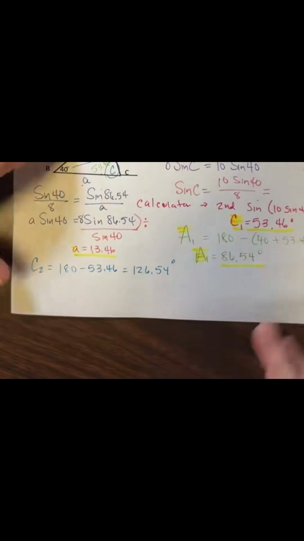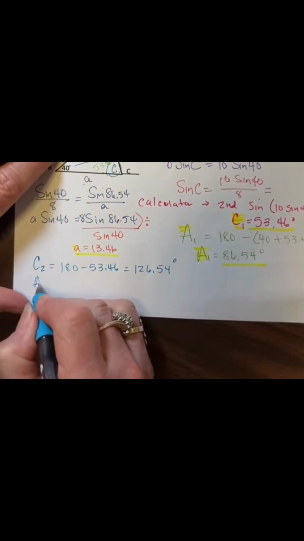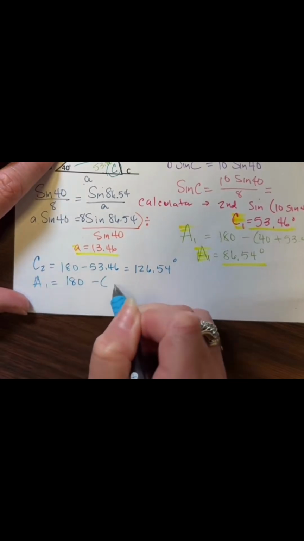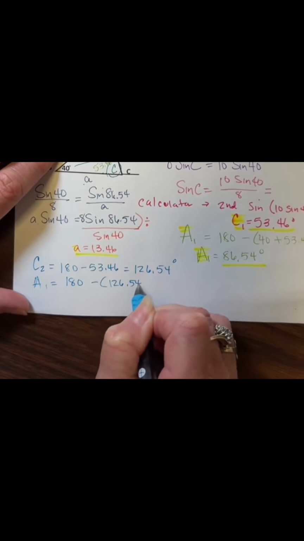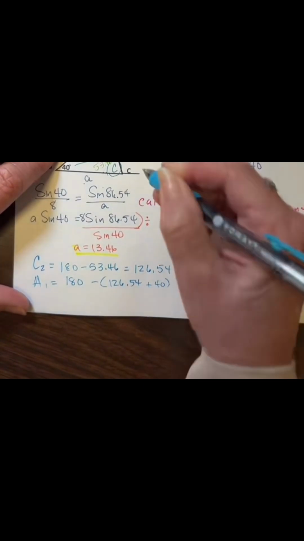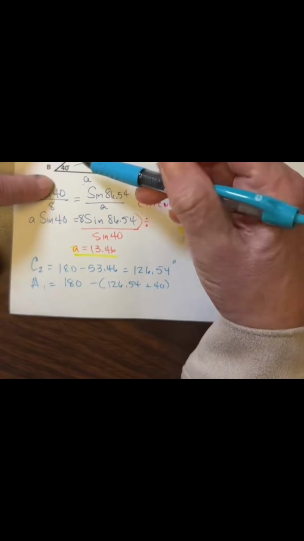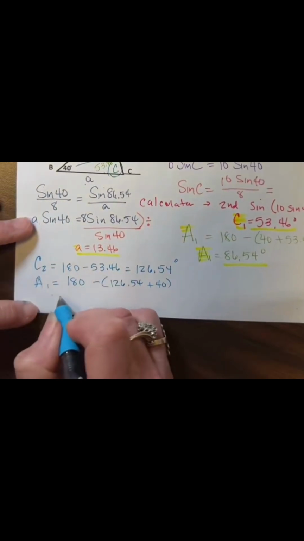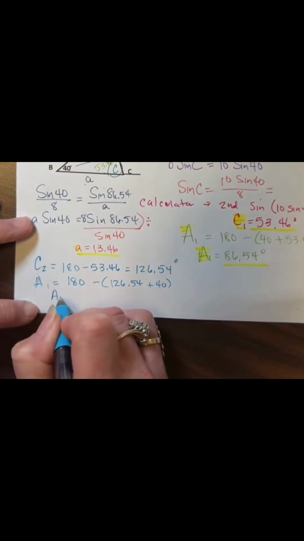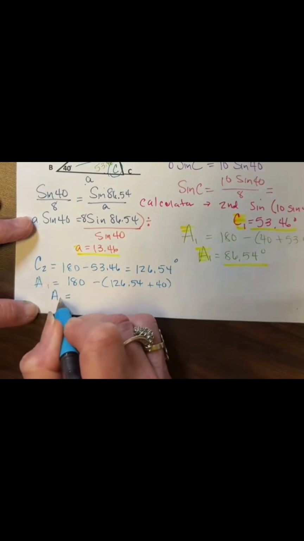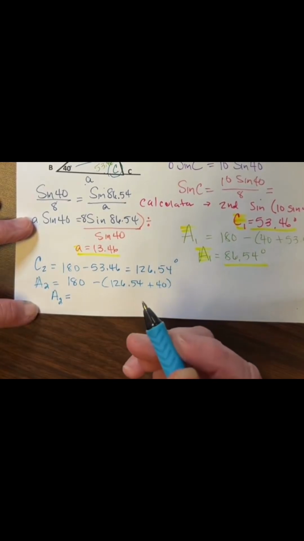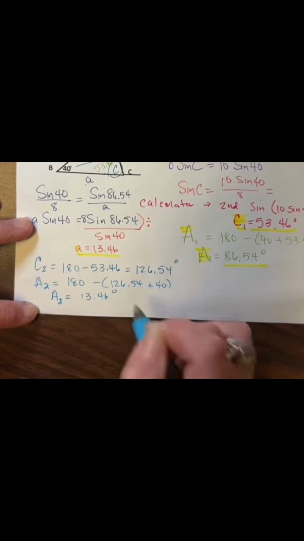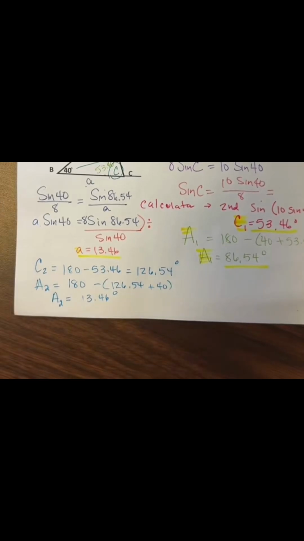So to get A2, I do 180 minus 126.54 plus 40. So remember now, we add, angles of the triangle equal 180 still. And A2 equals 13.46 degrees.